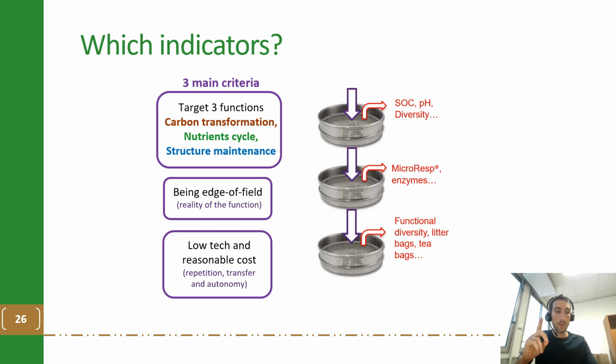At 1 euro, we can repeat measurements and be statistically sound. The second advantage of this criterion is that it makes users more independent, since the indicators are easy to use. Transferability is also improved, meaning that we can offer them to a larger number of people, particularly those with limited resources to carry out a reliable measurement.